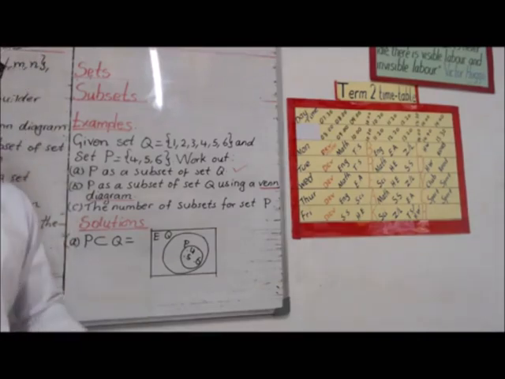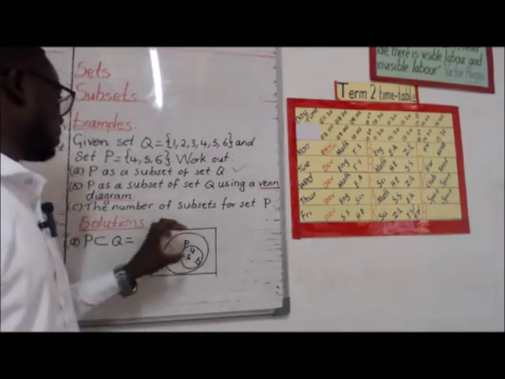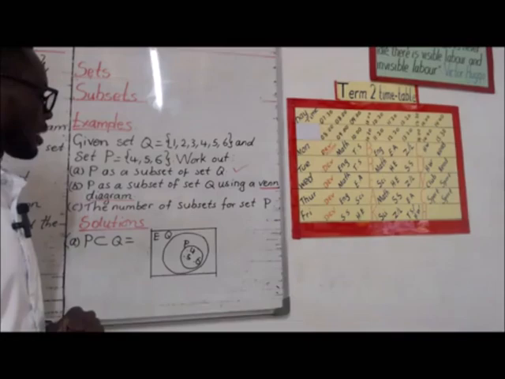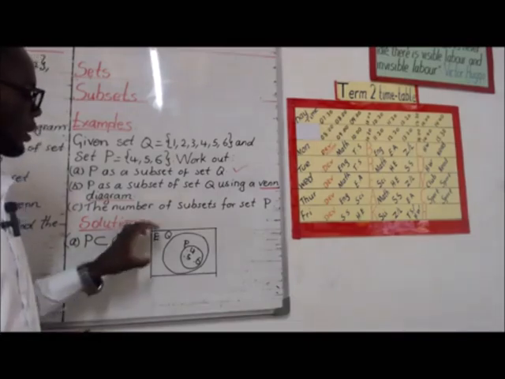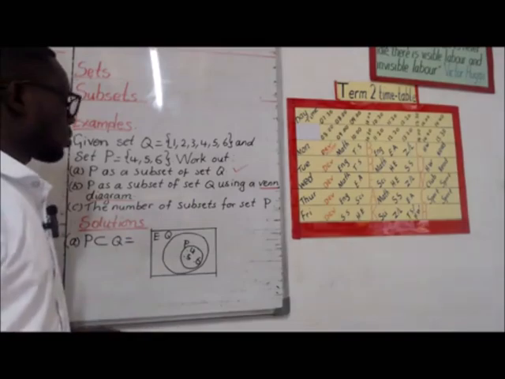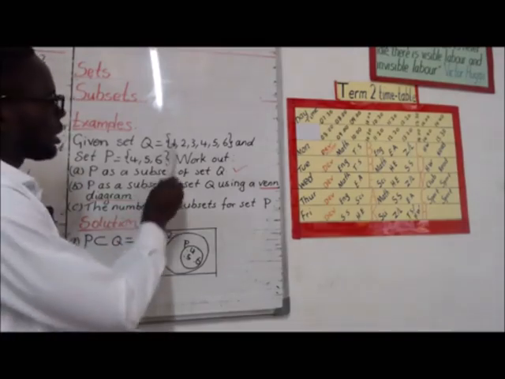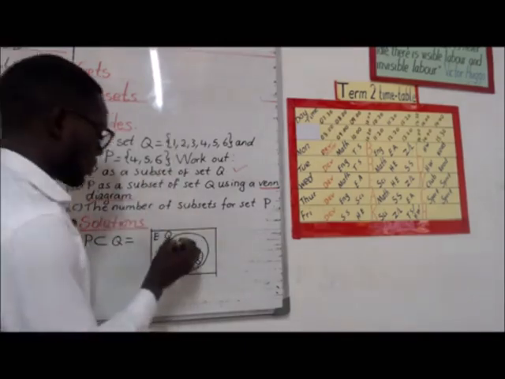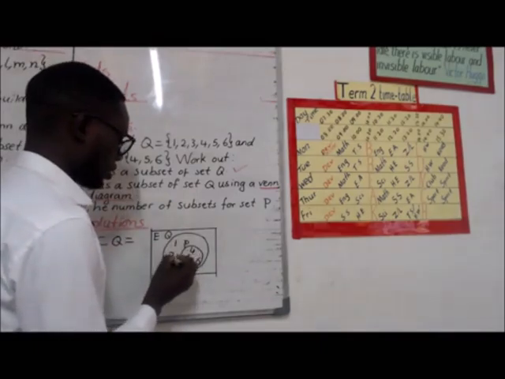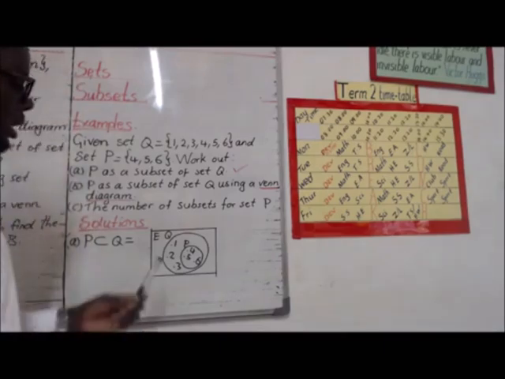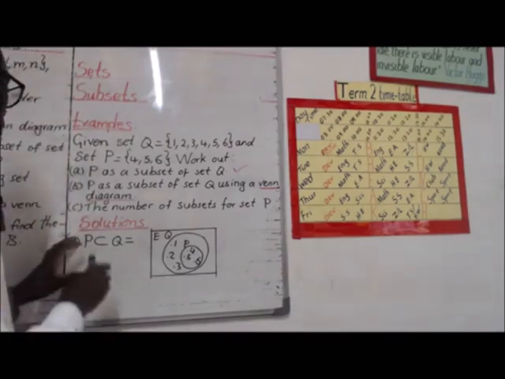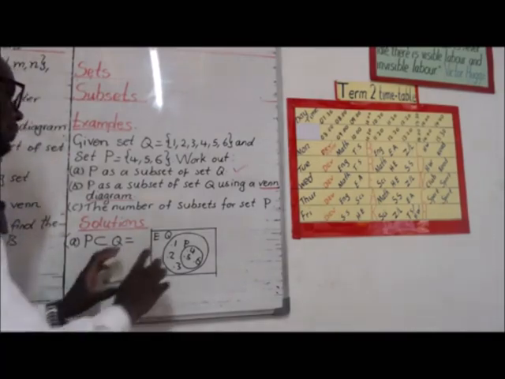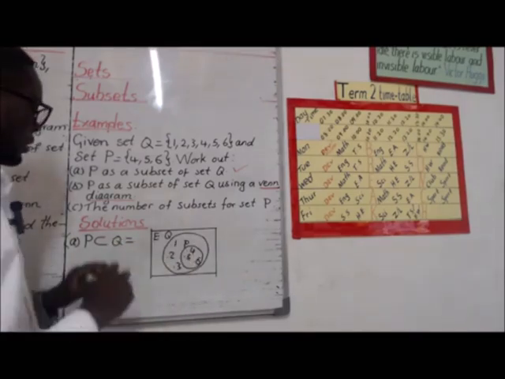So I have 4, 5, 6 in my subset P, and now I want to write the remaining elements in the mother set. So what are they? They are 1, 2, 3.